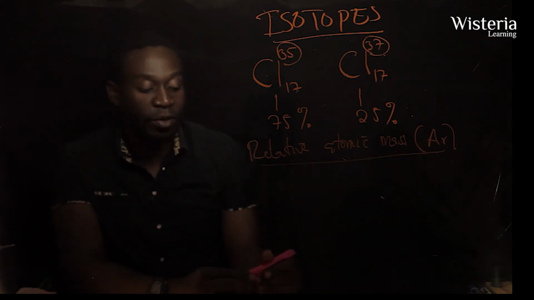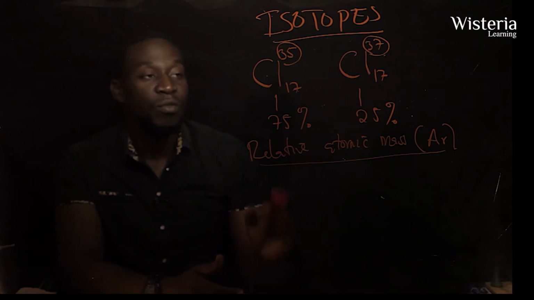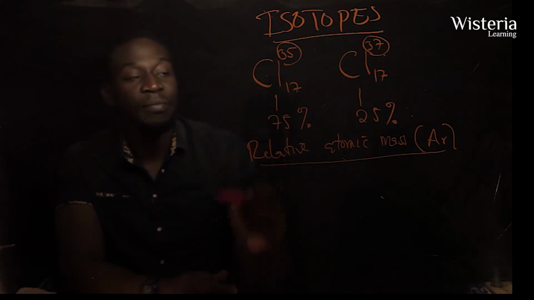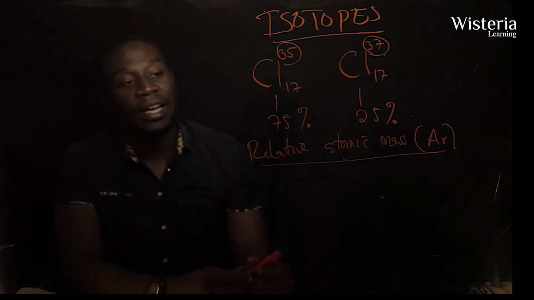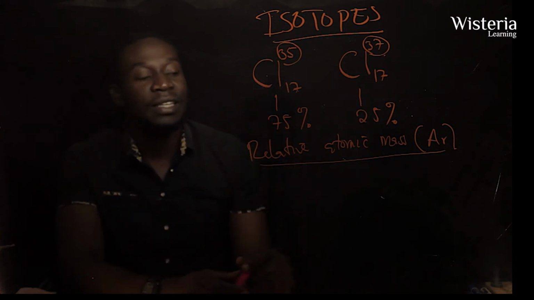So for isotopes, there is a formula that we are going to use in order to find the relative atomic mass for an element which contains two isotopes. In this case, I've got chlorine, for which we need to find the atomic mass because chlorine exists as a mixture of two isotopes, chlorine 35 and chlorine 37.